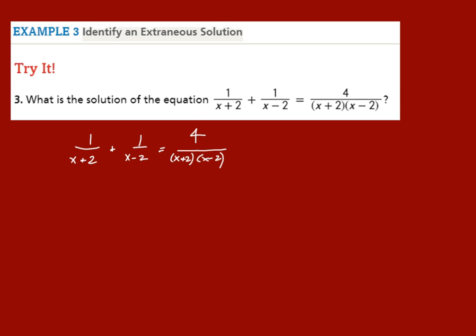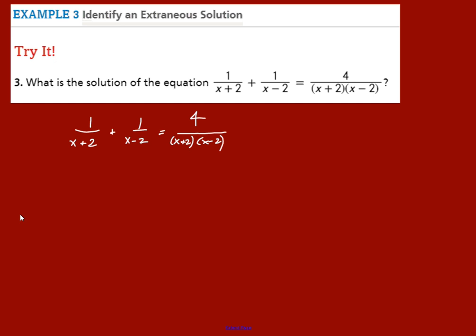Okay, so what I'm going to do here is multiply the top and bottom of this one by x minus 2, and the top and bottom of this one by x plus 2, and the bottom here by x plus 2.